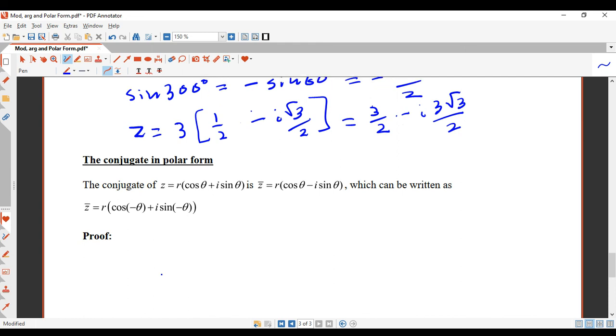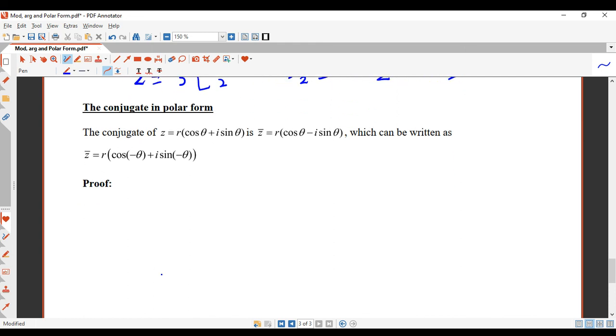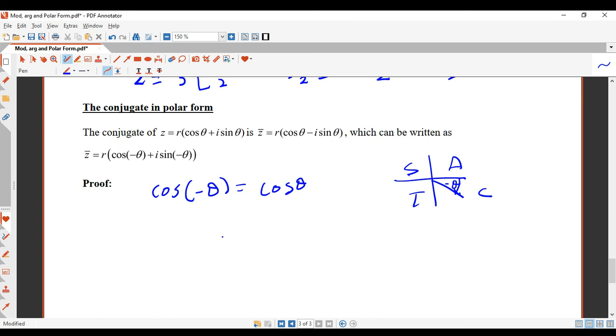Now, it's very similar to what we just did. I know my identities already, don't I? So I'm just going to say, well, look, I know that cos of minus theta is equal to cos theta. So think back to ASTC, with minus theta there. So cos of minus theta is cos theta, and these identities, you've seen these before, give minus sine theta.